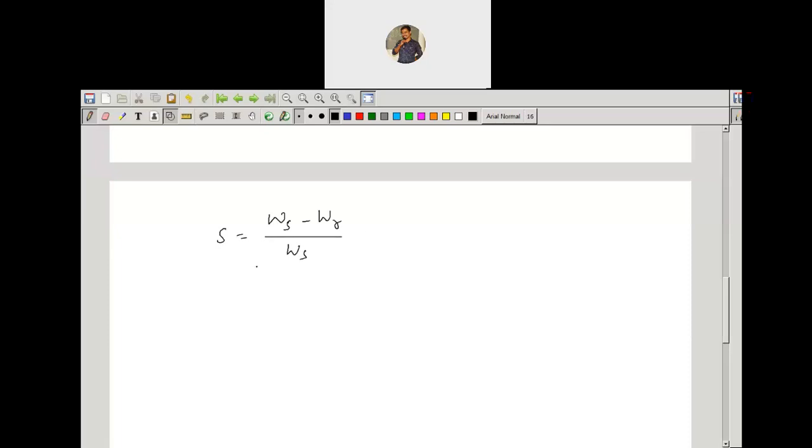Or else you can also write it as ns minus nr over ns. Here omega is the speed in radians per second, and n we will take in rpm.